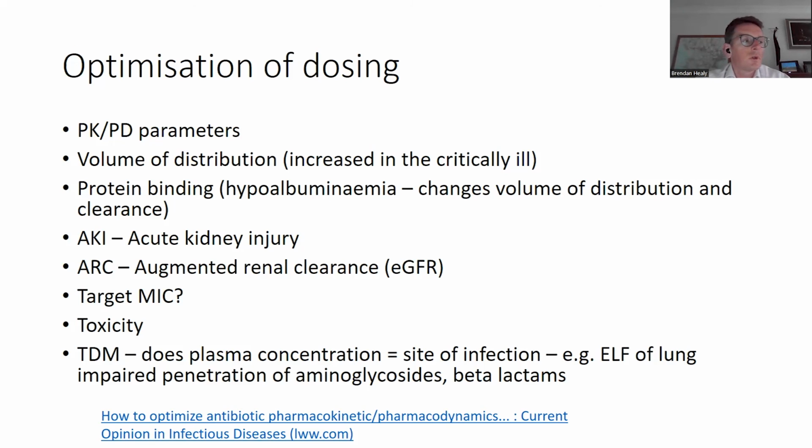So you've sort of got a supranormal renal function, and that has a direct effect on the antibiotic clearance as well. And we don't have a good way of measuring that, and we can underestimate renal clearance quite significantly with the tools that we use, which are often based around creatinine.